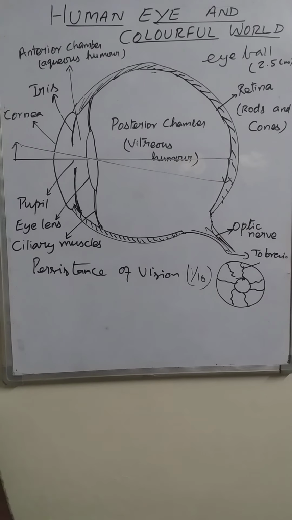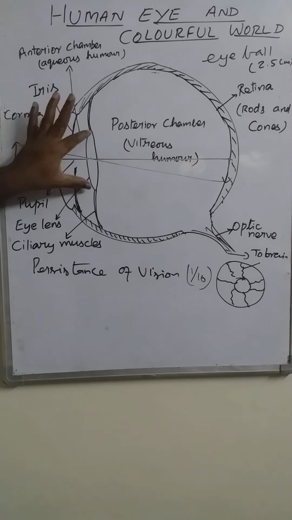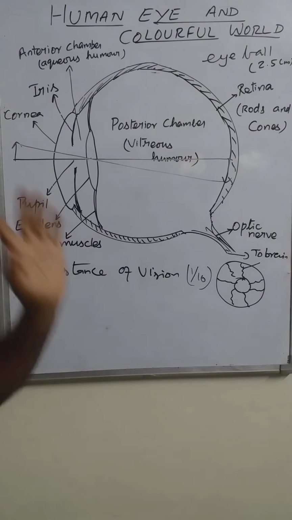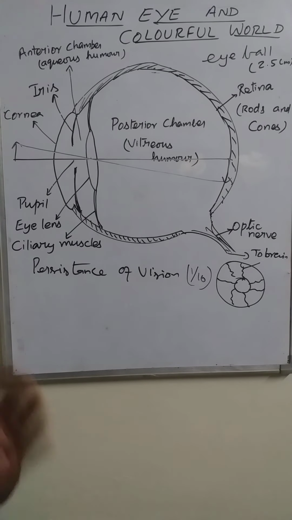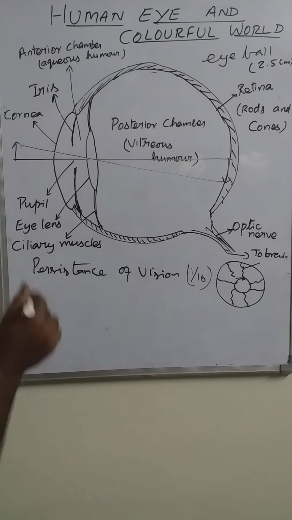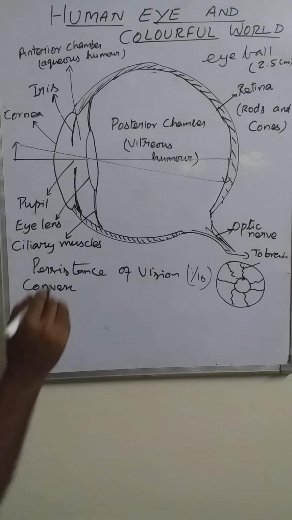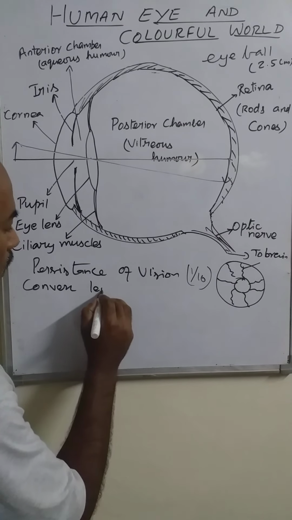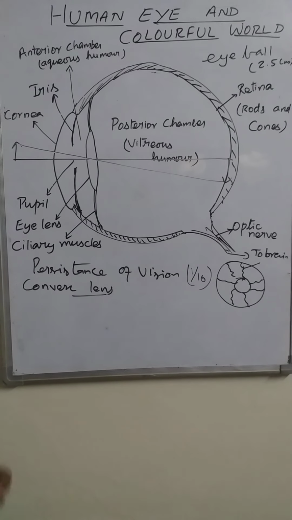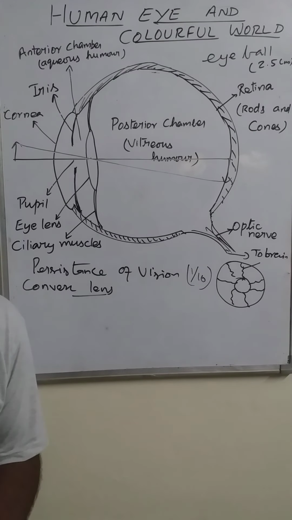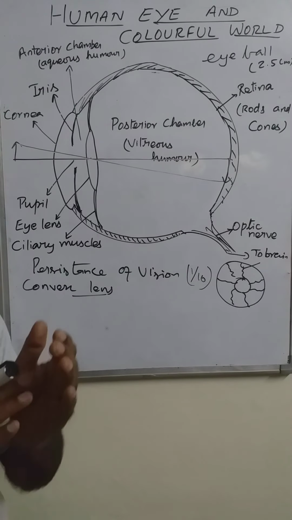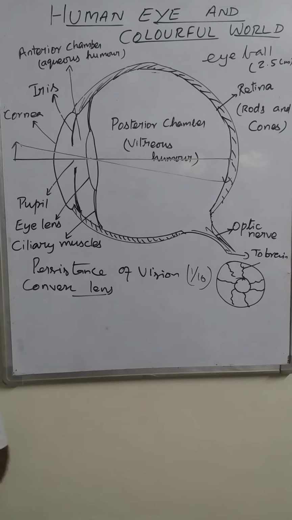And then coming to the eye lens. The eye lens is convex in nature. Whatever convex lenses we have in the laboratory all have a focal length.